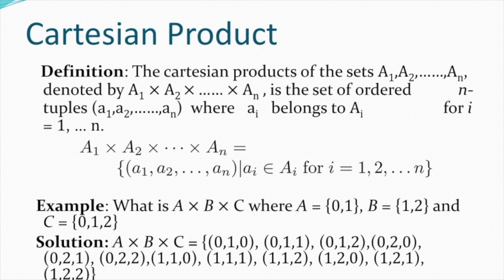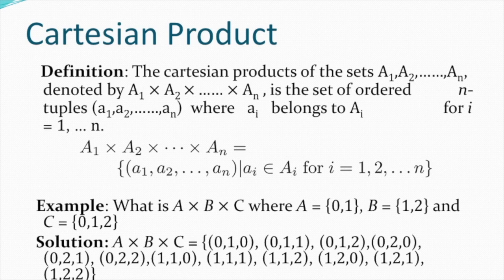So the Cartesian product of the sets from A1 capital to A of n is the set of ordered tuples, now ordered tuples, not ordered pairs, okay? Where we have (a1, a2, ..., an), where a of i is basically a loop from i equals 1 to n. Now the result from this will be simple to see in the example.